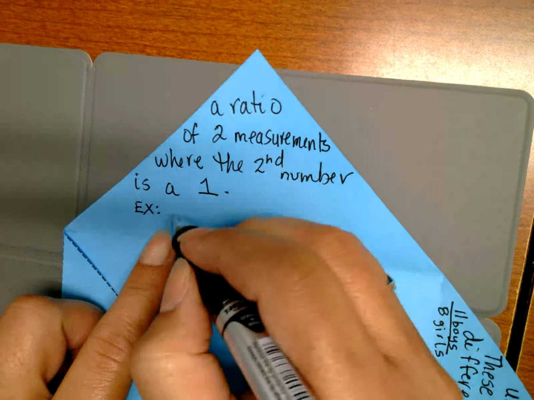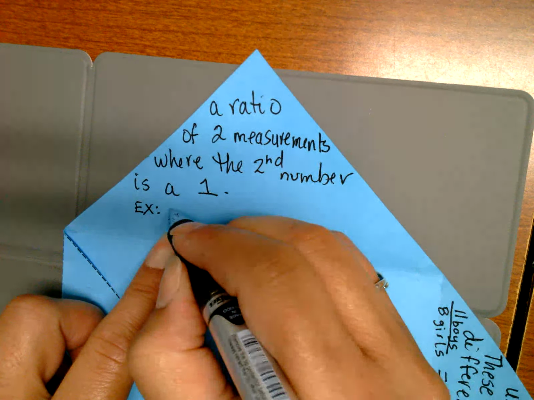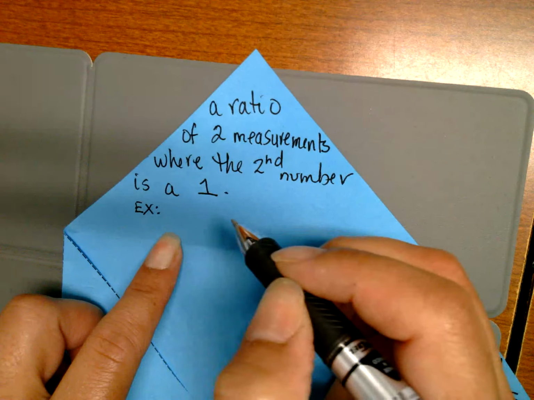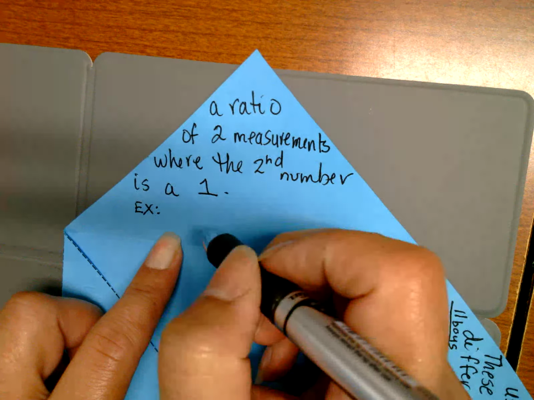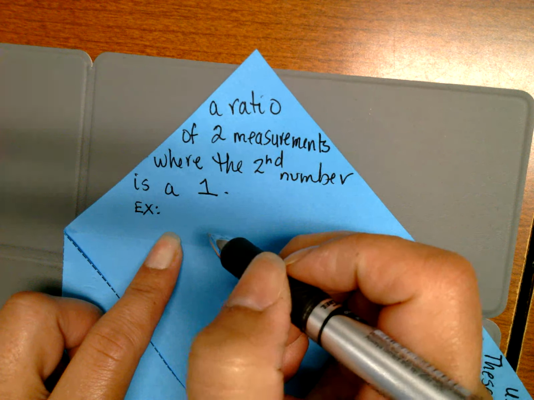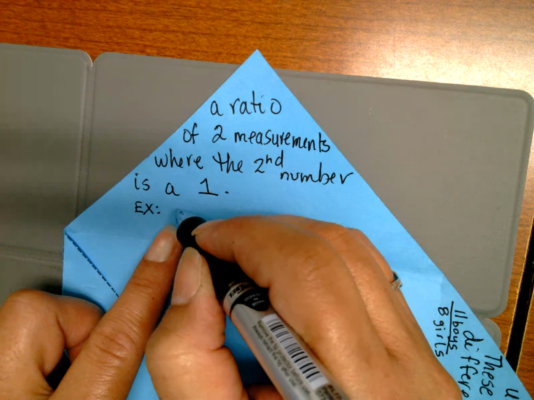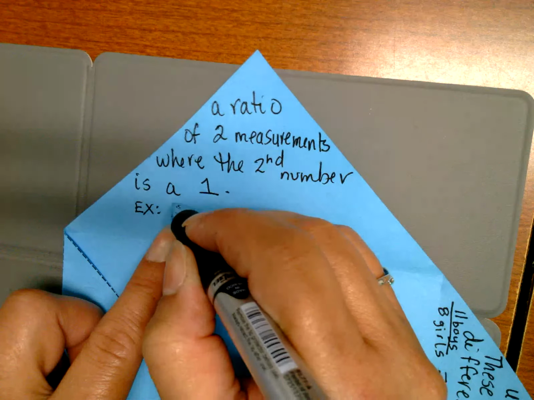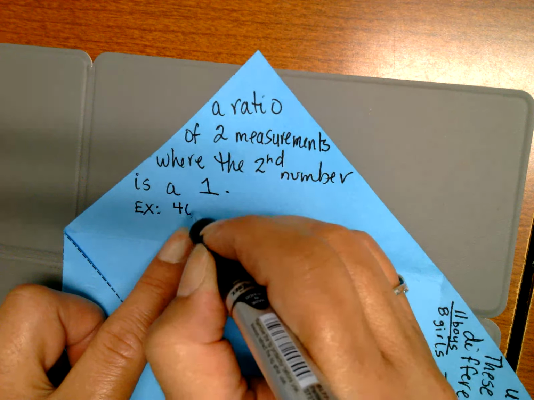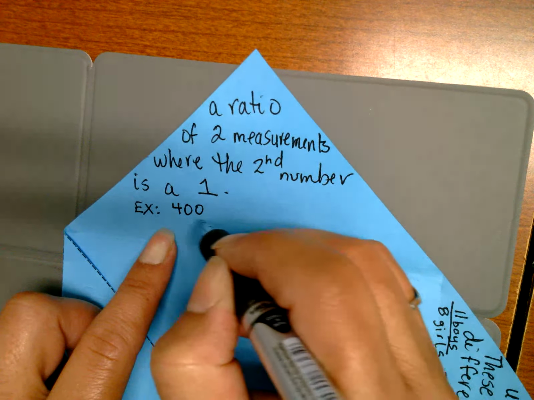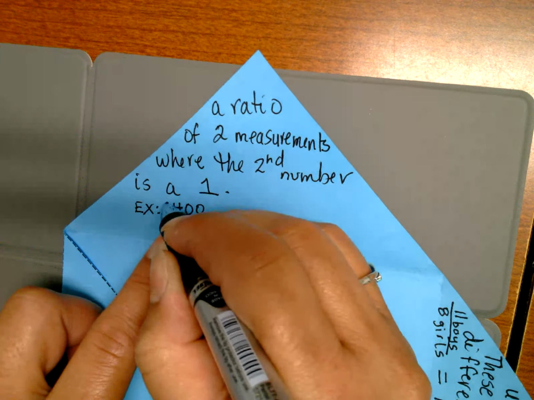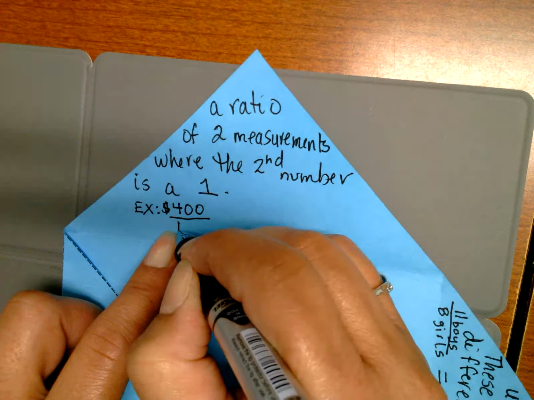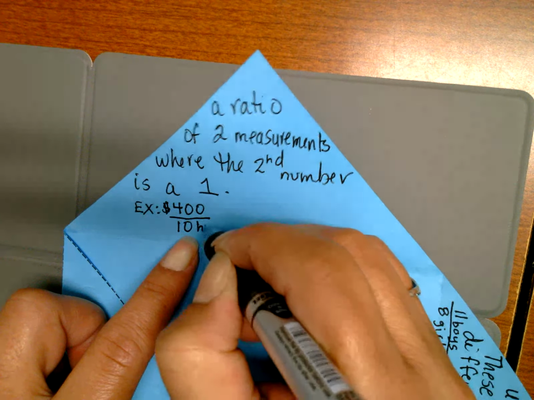So for example, let me give you an example, that somebody gets $400 in 10 hours.